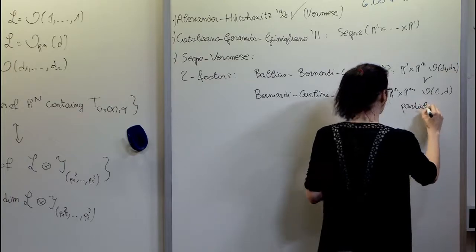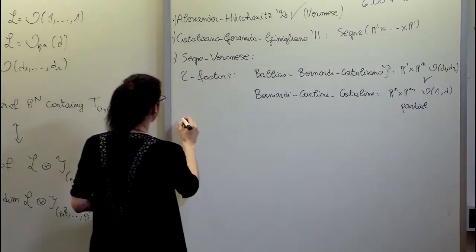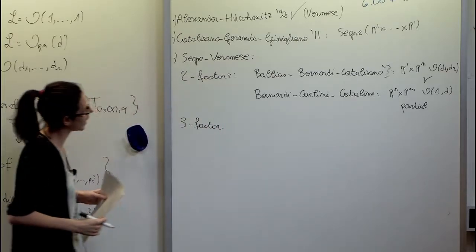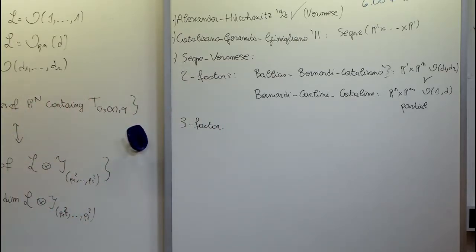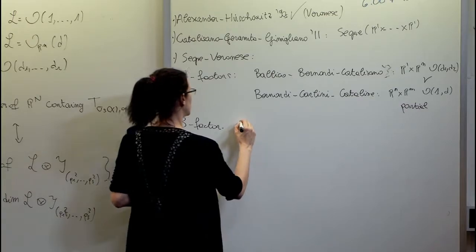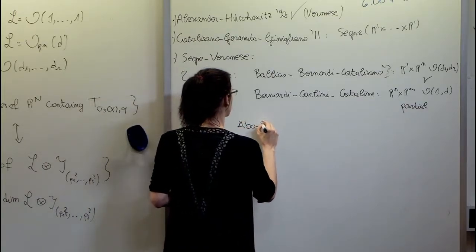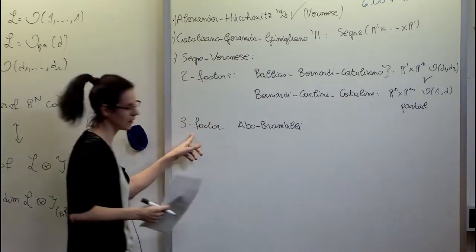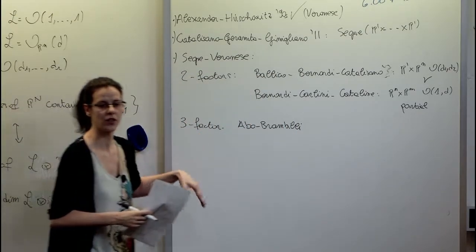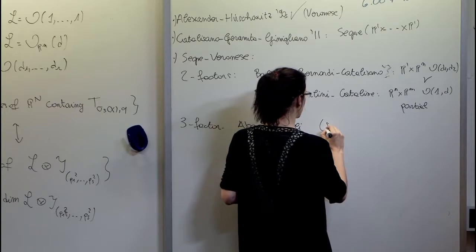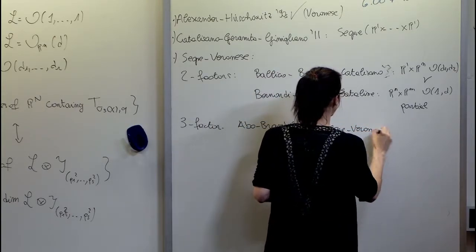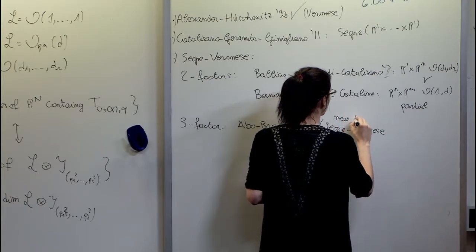It's not completely solved. In the three-factor case, there's a work by Hirotachi Abo and Maria Chiara Brambilla. They recently found new defective cases in this setting for Segre-Veronese.